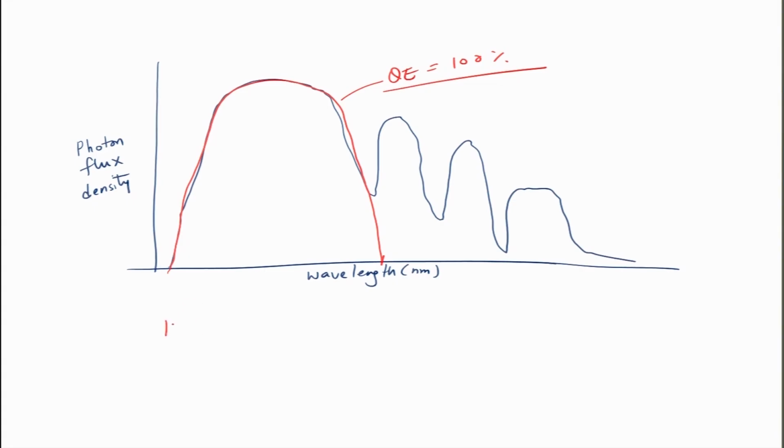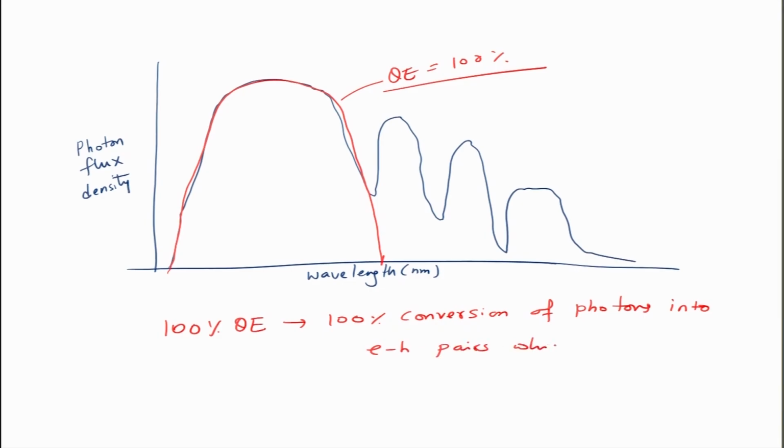So, essentially 100% QE would mean 100% conversion of photons into electron hole pairs which get collected. So, there are no losses. That is the objective we have, and this depends upon various factors as we just saw.